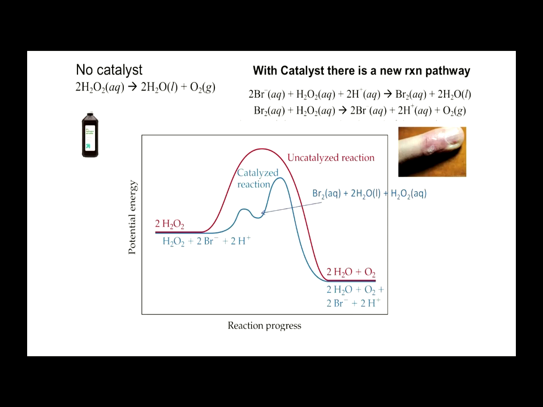So we see when we catalyze this reaction, it goes much faster. That's what happens when we put peroxide on our skin or wounds. That's how we initiate that reaction forward, by lowering the activation energy. So you see, new pathway, lower activation energy.